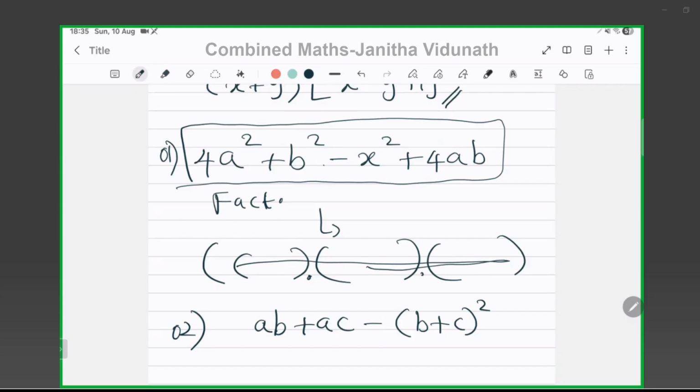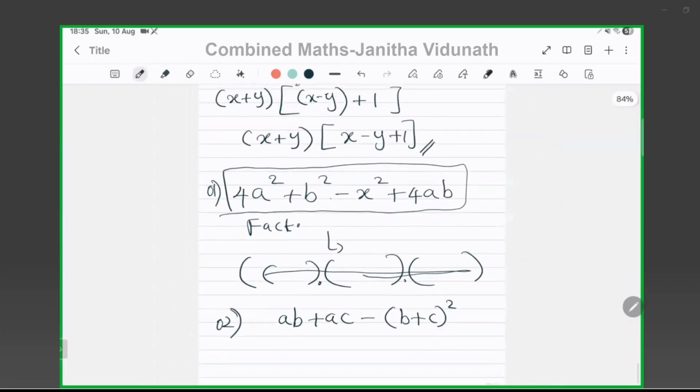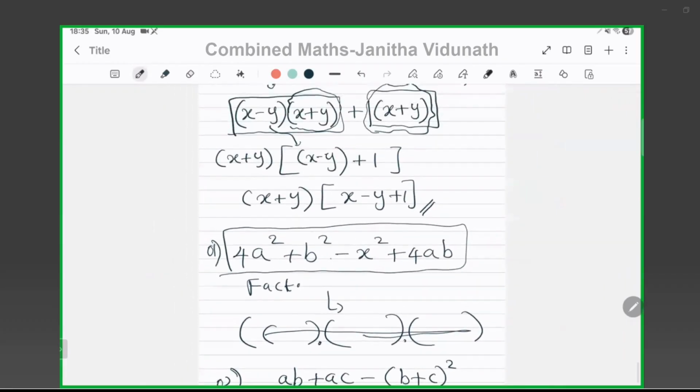Okay, now I will factorize those two. Factoring means that after factorizing, we only have a product of factors. Here one factor is x plus y, then a multiplication sign, then another factor.